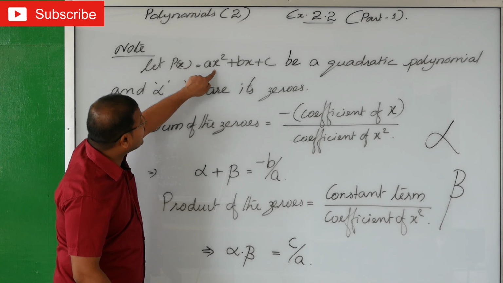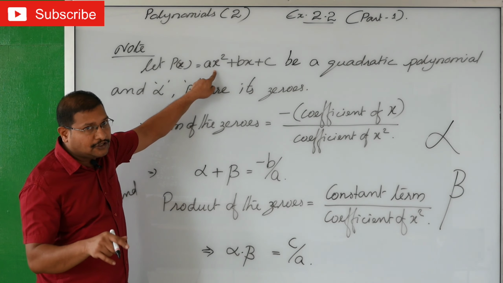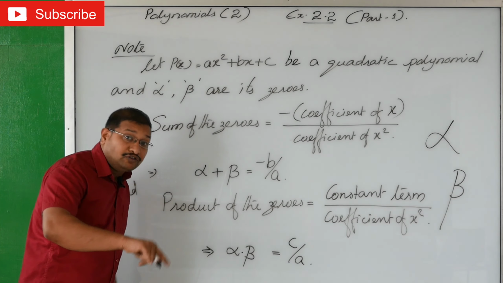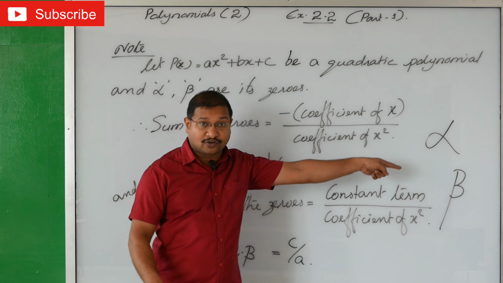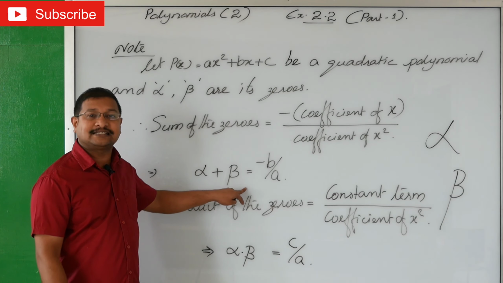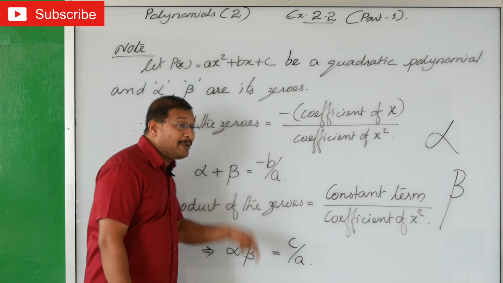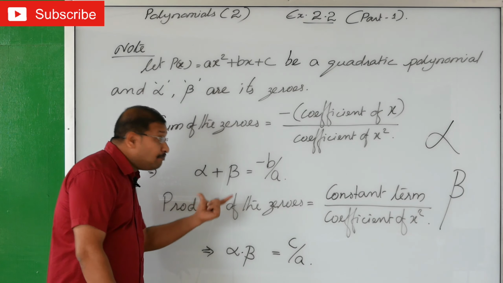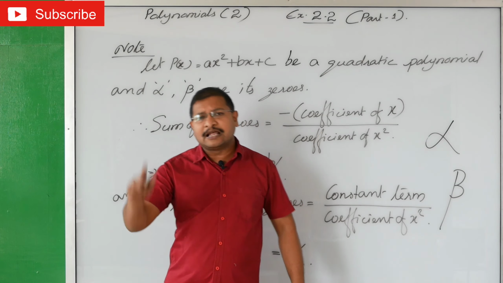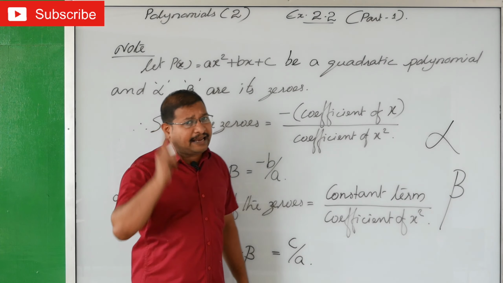Which is near to x square, that is the coefficient of x square. That is here a. That means alpha plus beta equals minus b by a. That is sum of the zeros.